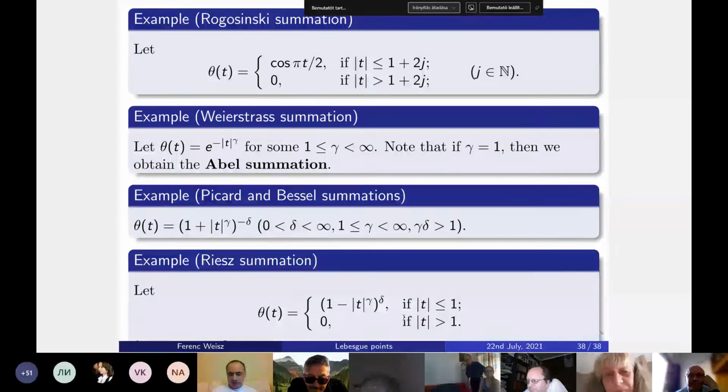I want only to say that it was about 1990, about 30 years ago, I introduced and studied another generalization of Lebesgue points, two-dimensional Lebesgue points.